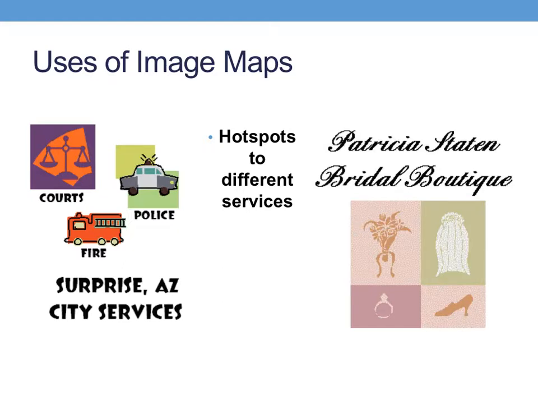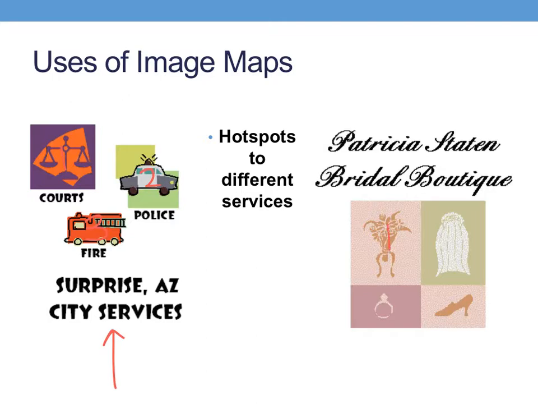Services also use image maps to make their web pages easier to navigate. Here you'll see that we have a city services website for Arizona where you have the courts, the police, and the fire station. Those are three areas where instead of just clicking on text, their website is more engaging because you can click on the picture of what you'd like to see more information about. Same thing with the bridal boutique on the right.